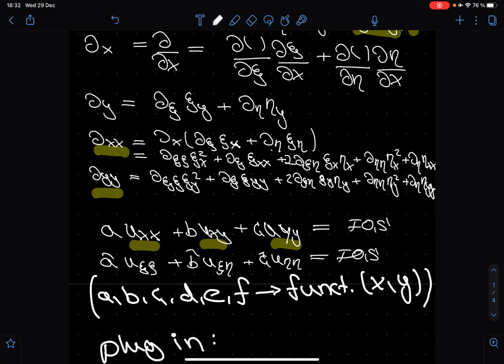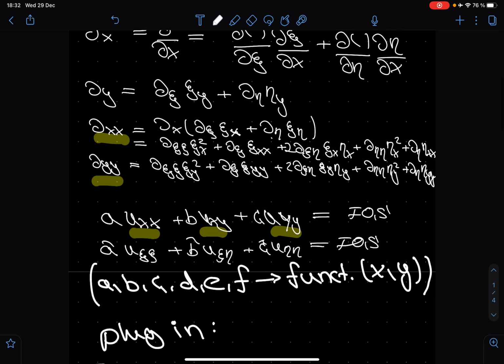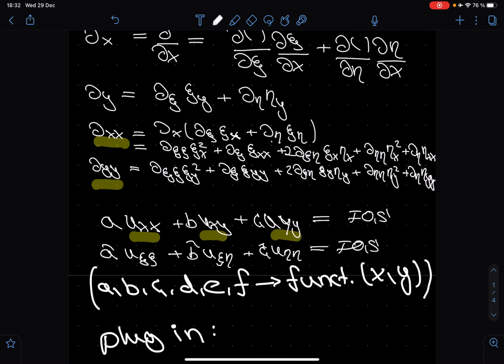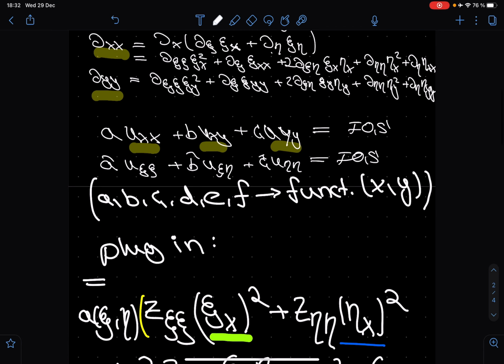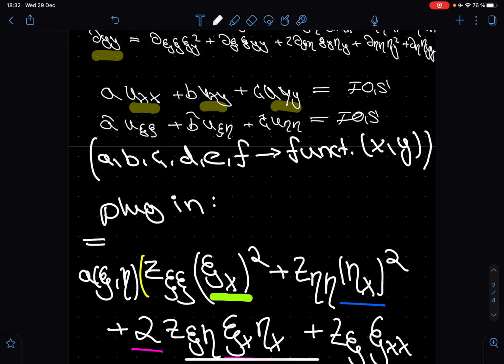That means they will be the same, and if we cancel out one of these, we'll have to solve characteristic equations. That's why it's called the characteristic method. So I'm going to show you the derivation.